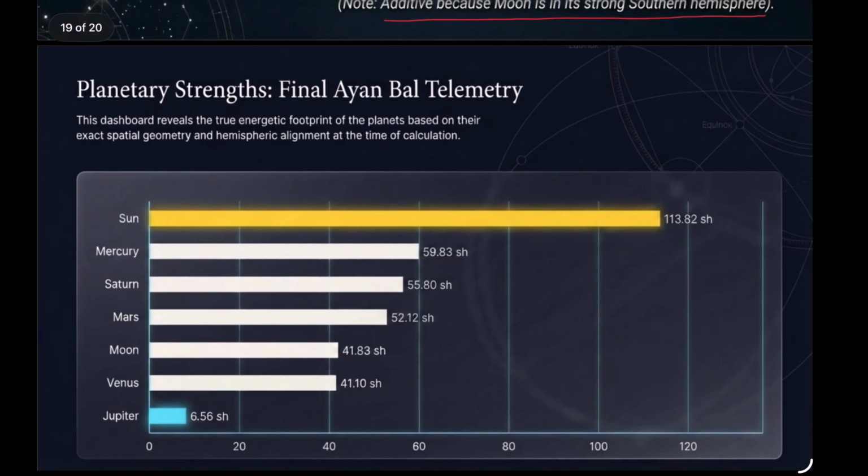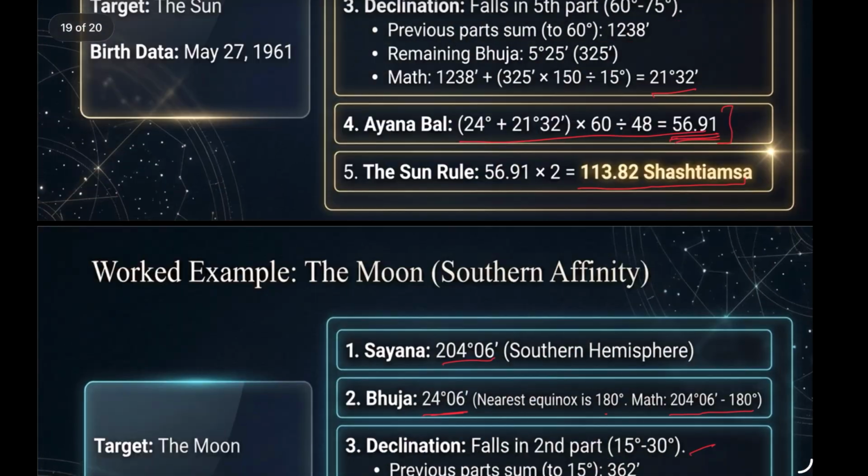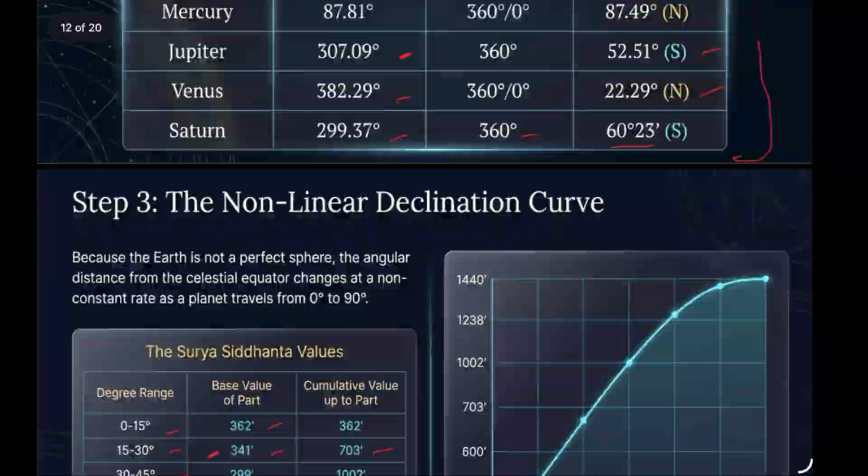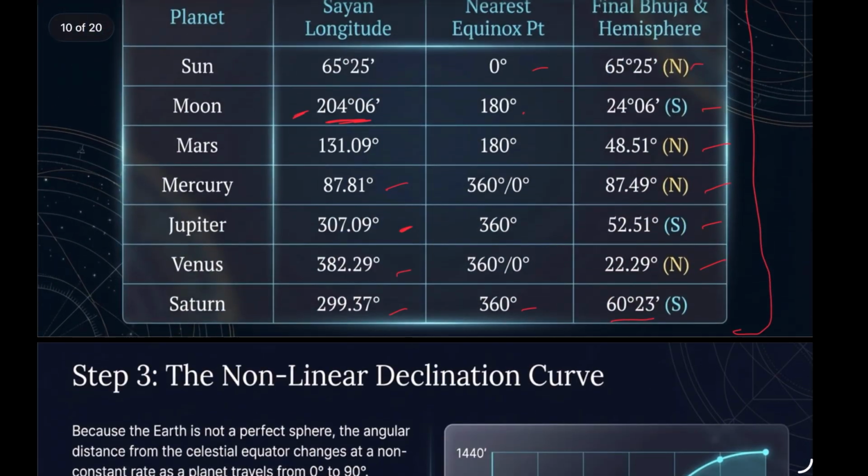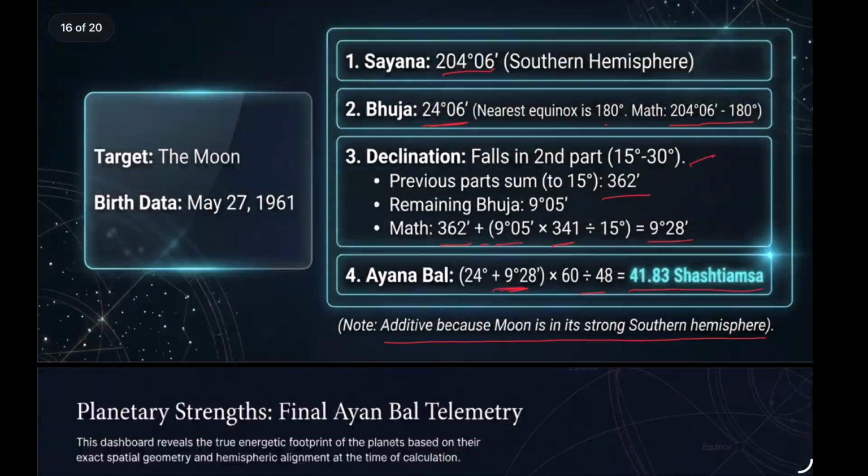So here is the final result: Sun 113.82, Mercury 59.83, Saturn 55.80, Mars 52.12, Moon 41.83, Venus 41.10, and Jupiter only 6.56 Shashtiamsha. If we do the calculation for Jupiter, Jupiter is in the opposite hemisphere. Jupiter is in the southern hemisphere and it is naturally strong in the northern hemisphere. That's why it has very little Ayana Bala.